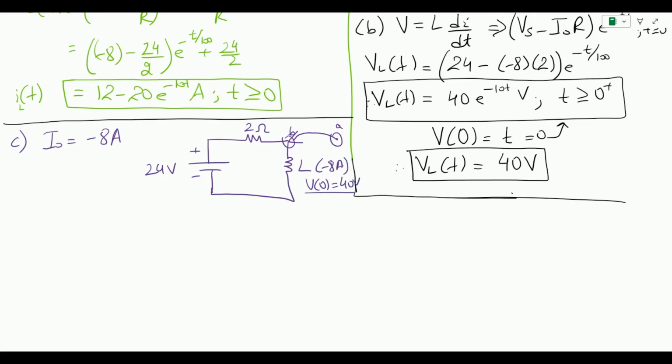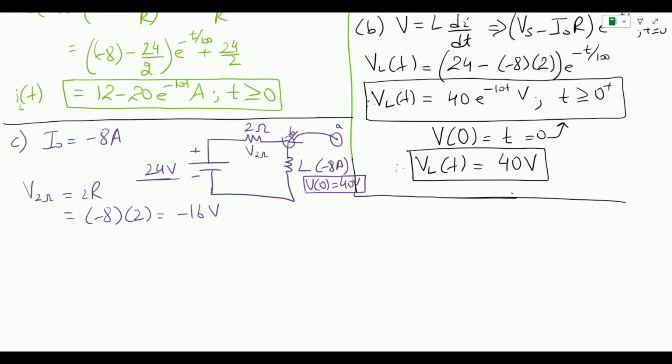Does it make sense that we had 40 volts on one side and the applied source is 24 volts? Logically 40 volts should supersede the 24 volt source. So initially, with minus 8 amps, what was the voltage across the 2 ohm? As per Ohm's law it should be IR. The current was minus 8 and the resistor was 2, so this is minus 16 volts.